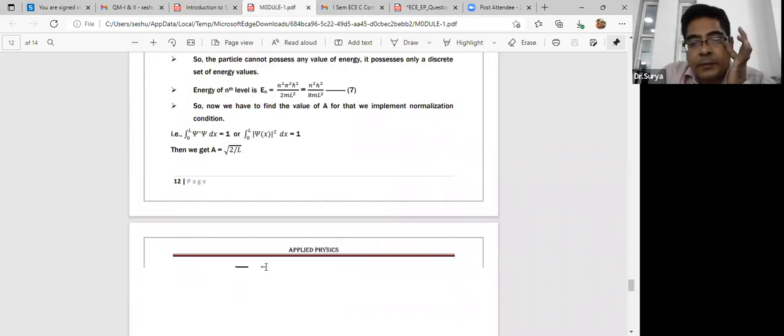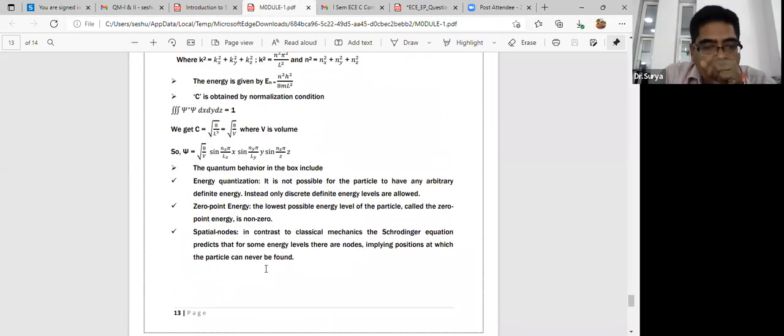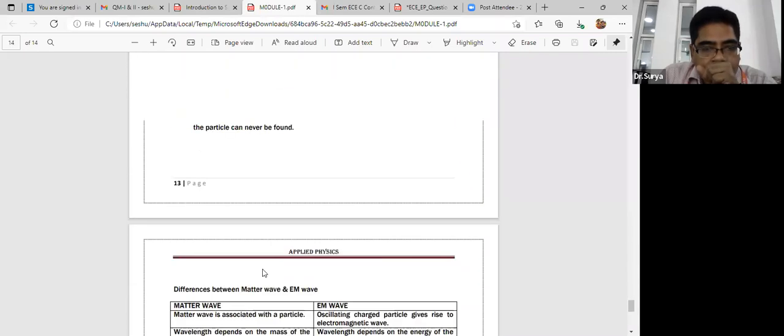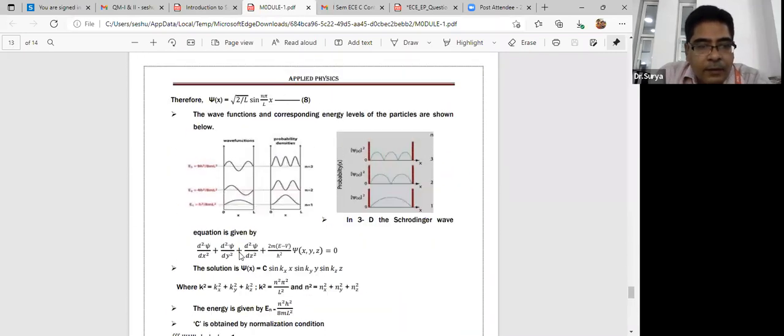See here. So the wave functions corresponding to energy levels of the particle shown are, this is what we have seen in our class, right? Yes, sir.